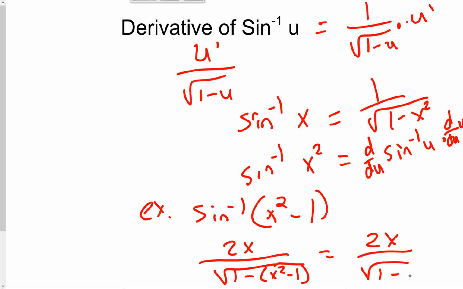Square root of 1 minus, that's going to become a negative x squared. That's going to become a positive 1. So that's going to cancel out. Or sorry, that's not going to cancel out because this is actually being squared. No, we're fine. Okay, so those are going to cancel out.